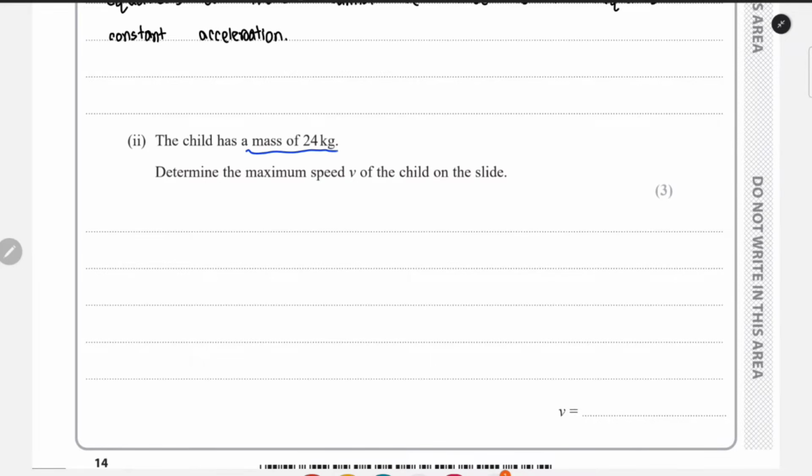Now we are given that the child has mass 24 kg and we have to determine the maximum speed of the child. For this we'll have to use energy. As there are no resistive forces, the gravitational potential energy will convert into kinetic energy.